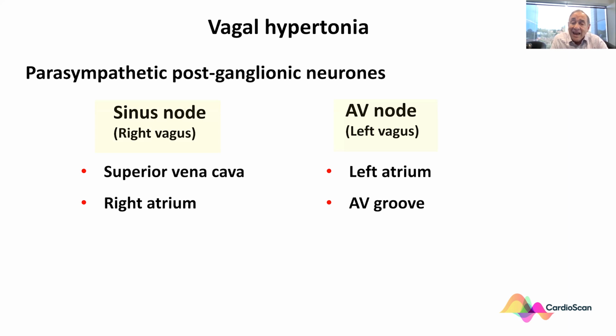Whereas the AV node is mainly innervated by the left vagus, and the left atrium and AV groove have these neurons. It is not as simple as that, because there is cross innervation from the right vagus across to the left side, as well as from the left vagus across to the sinus node area. So it's not as simple as all that.